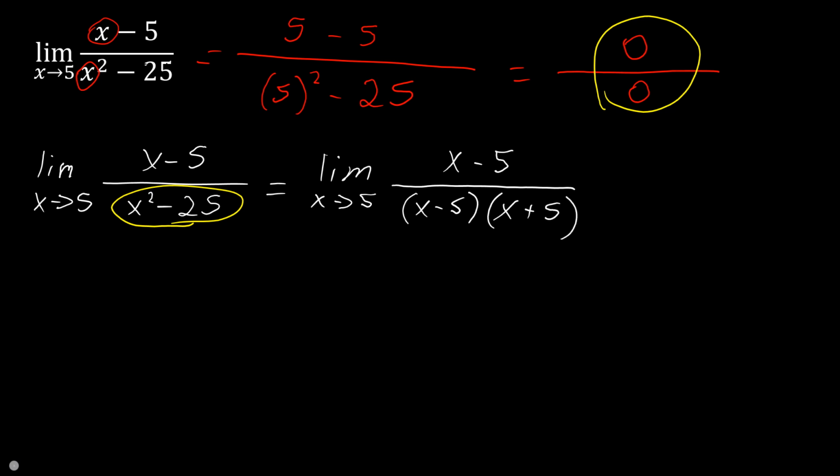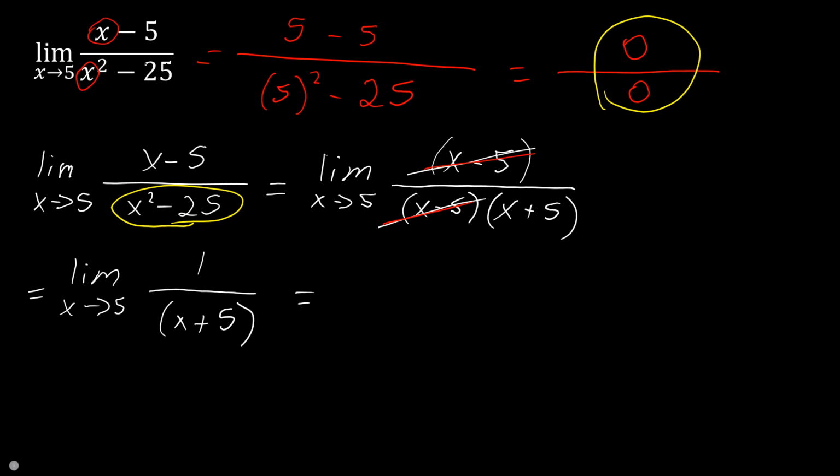And when you look at that, you see up here we have x minus 5, down here x minus 5. Everything's being multiplied down here, and it's just one expression on top, so we can cancel. So get rid of that. We'll do that in red. And then we see here, this is basically the limit as x approaches 5 of 1 over x plus 5.